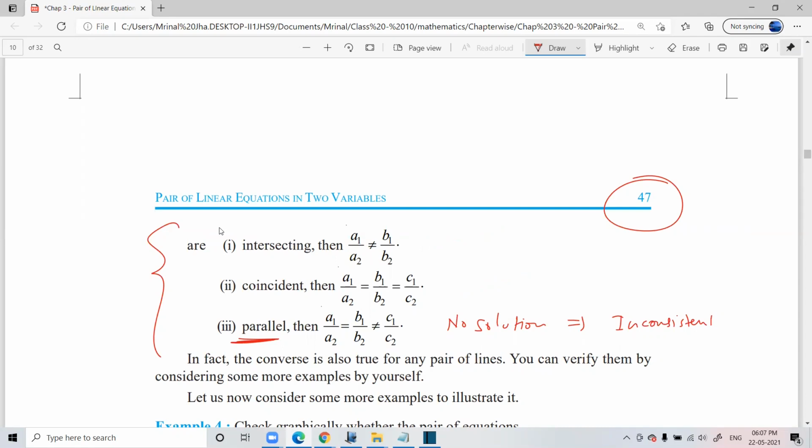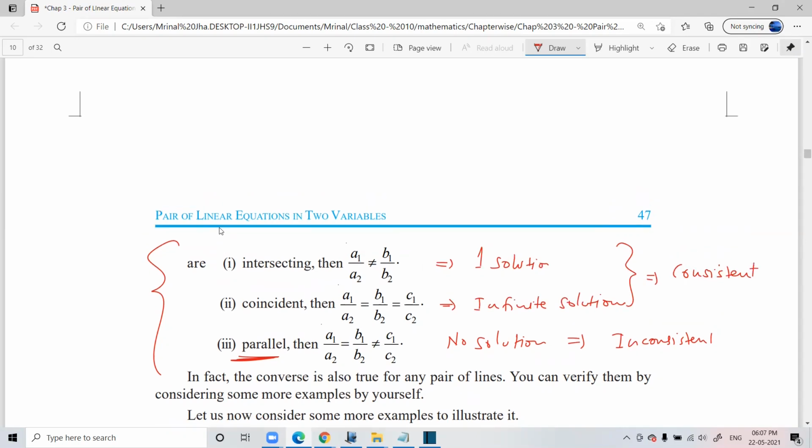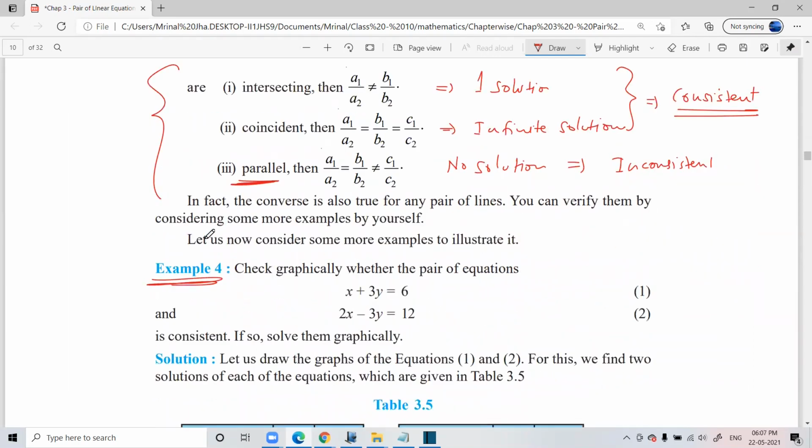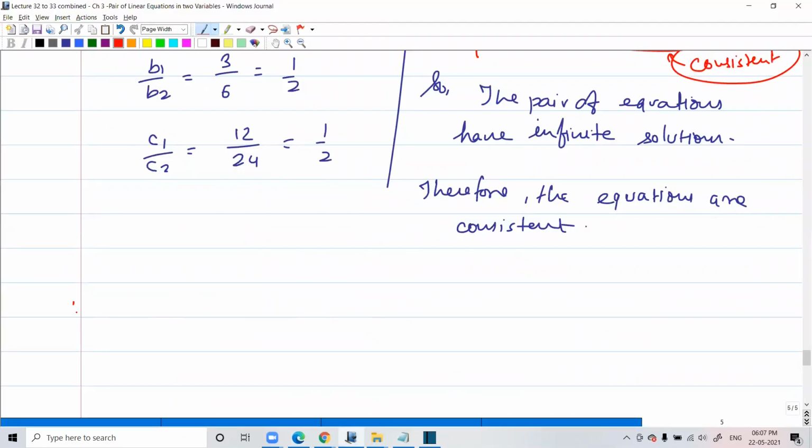Okay, this one has one solution. This guy has infinite solutions. So for these two cases, the equations are said to be consistent. Okay, so just let me write this down in the note for you people. Third condition.